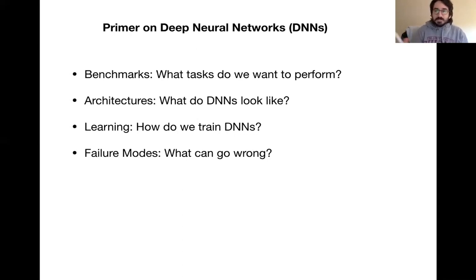In particular, I'll describe the benchmarks, which is what are the tasks that we want them to perform? How do we know that they're doing well? We need to have benchmarks to say that they're good or bad classifiers. And also I'll describe a little bit about what the architectures are, what they look like, how they're constructed, what makes them deep, and how they're trained. So, describing specifically what the learning algorithm is. In this case, it'll be stochastic gradient descent. And finally, some interesting examples of how they can fail, what can go wrong with deep neural networks.